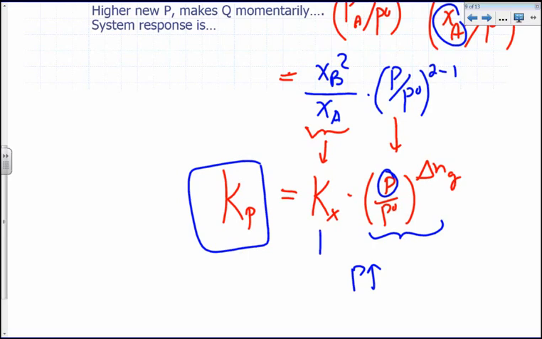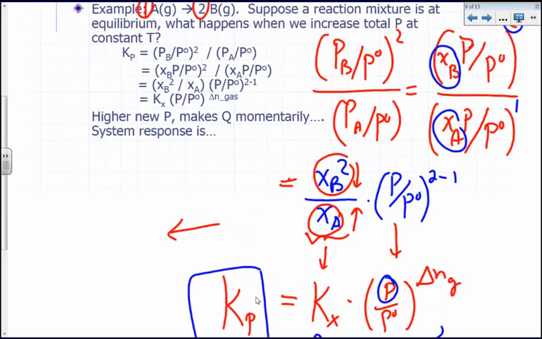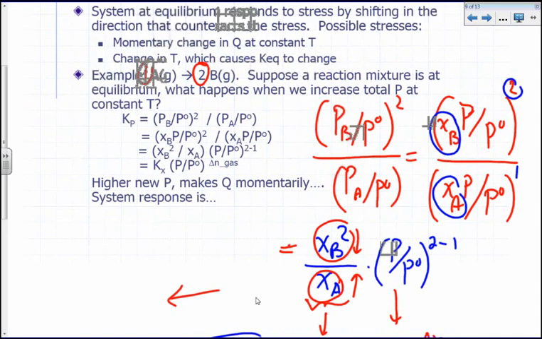So if this goes up, then your Kx has to go down. If your Kx has to go down, this denominator has to go up, and this numerator has to go down. That means you're shifting to the left, as we expected. The system's response will be to shift to the left to have fewer moles of gas.